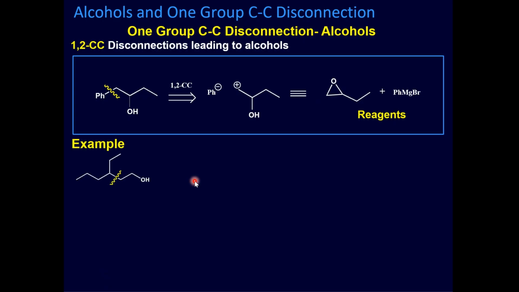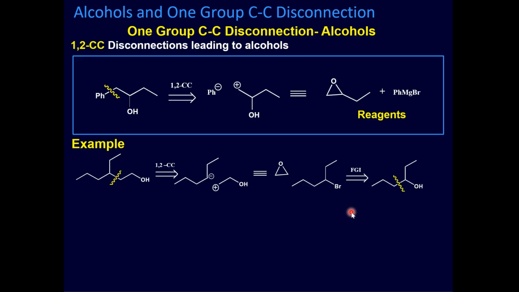Another example I can give over here. C-C disconnection. One is a donor synthon, another is an acceptor synthon. This can form an epoxide. This epoxide reacts with the corresponding bromo derivative. I do functional group interconversion to synthesize this molecule.